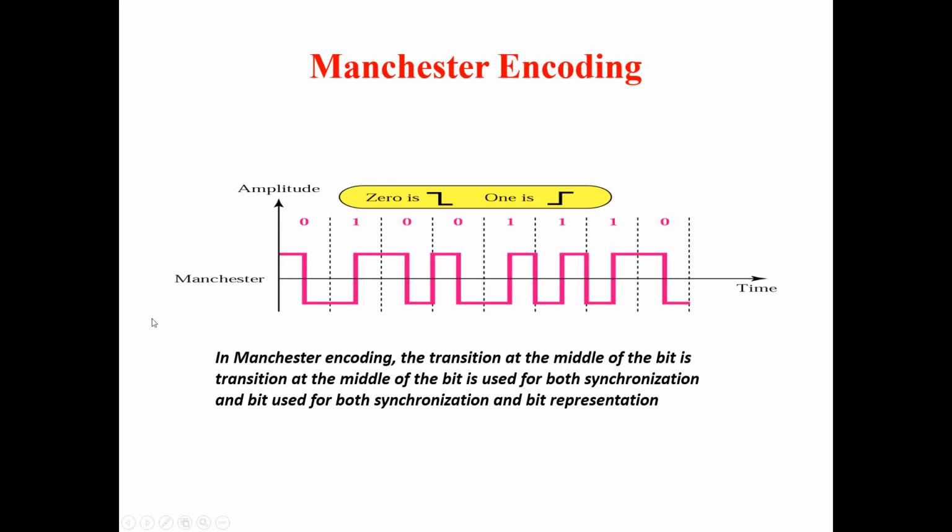In this encoding, the data bit is either low then high, or high then low, for equal time.